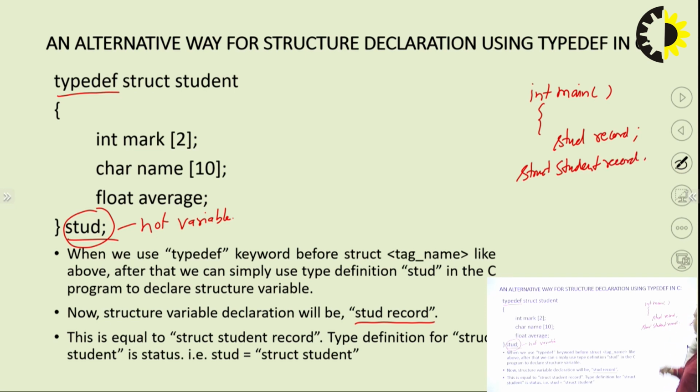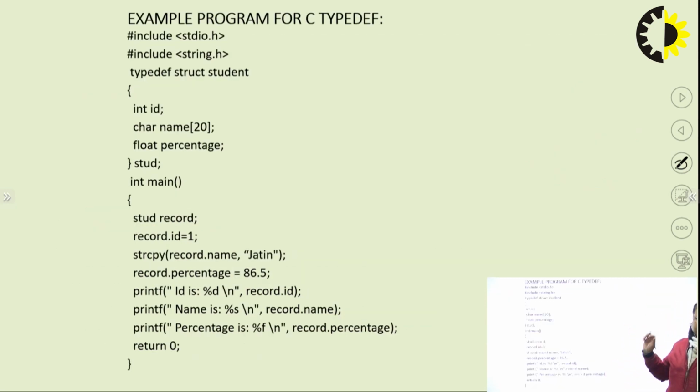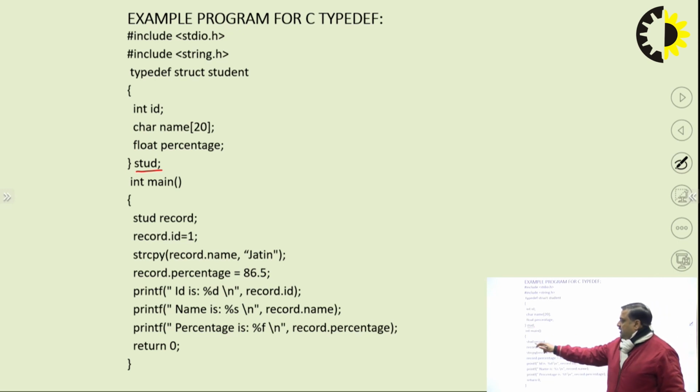So we can use this, or we can use it the other way also. Here is another program for typedef, the complete program. We have created stud as a typedef, and we created a stud record, and now the record id is 1.